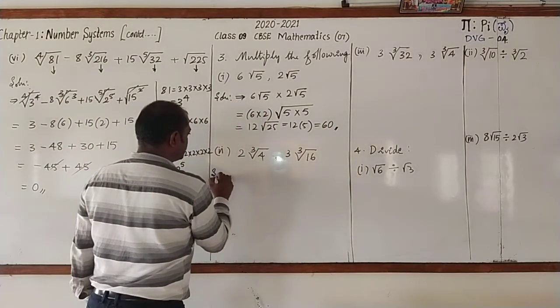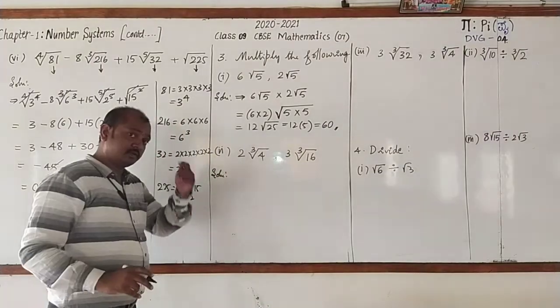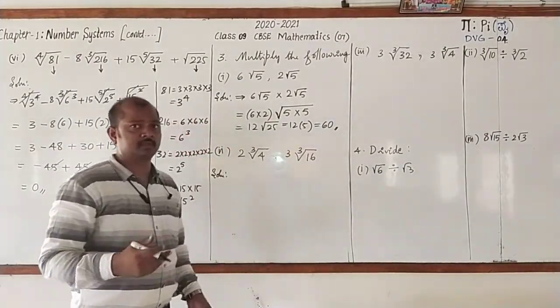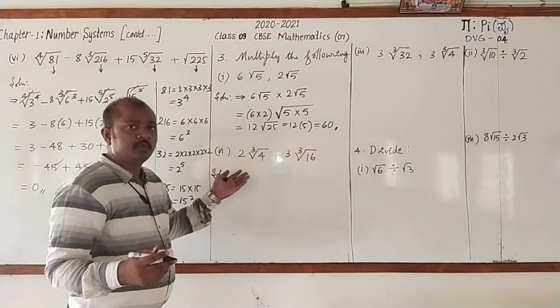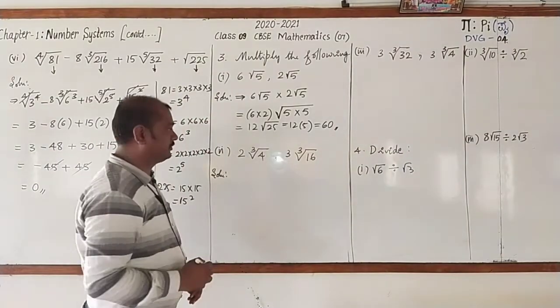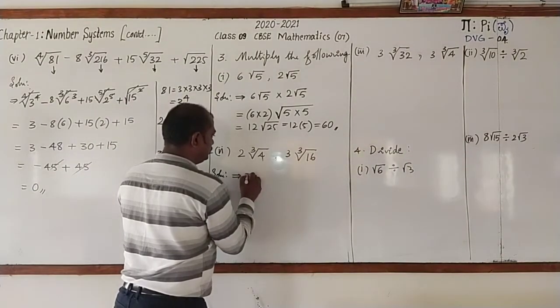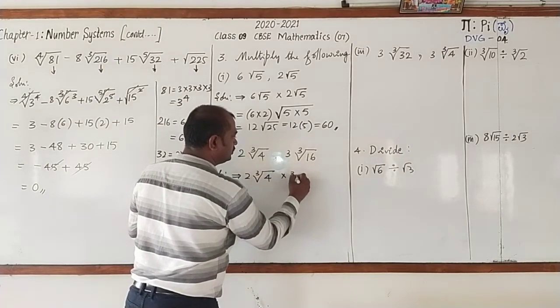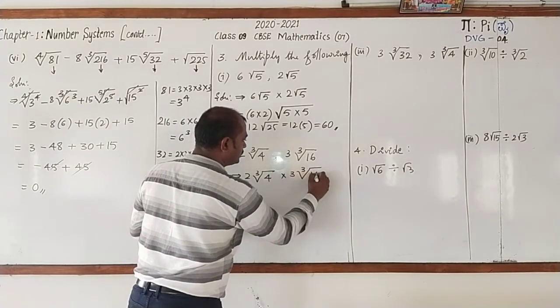Next, the second one, observe. Can we multiply them? Yes, we can multiply because orders are same. Here I will write 2 into cube root of 4 into 3 into cube root of 16.